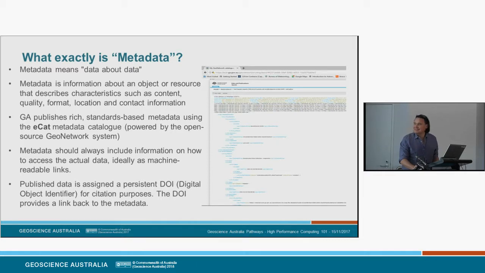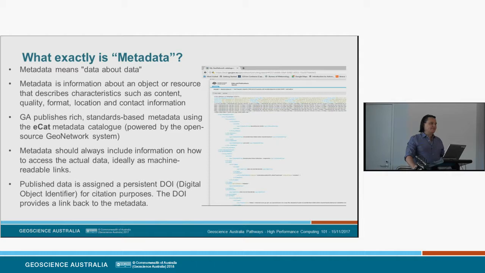So I talked about metadata. We've got Andy Marshall in the audience there. Andy used to have a full head of hair before he started dealing with metadata. It means data about data. So it tells us where the data came from, who's responsible for it, what's being done to it.